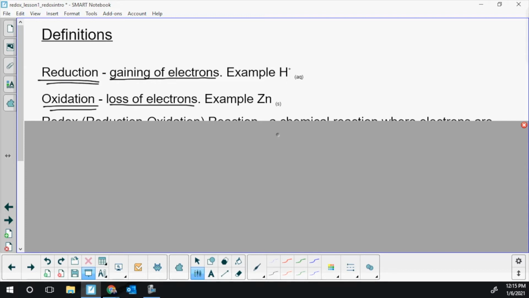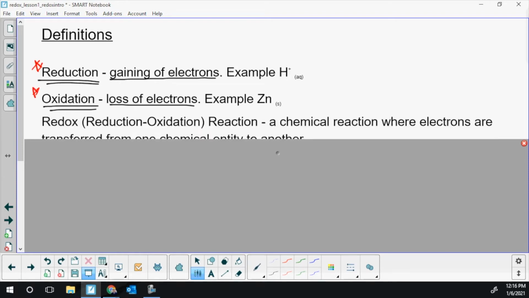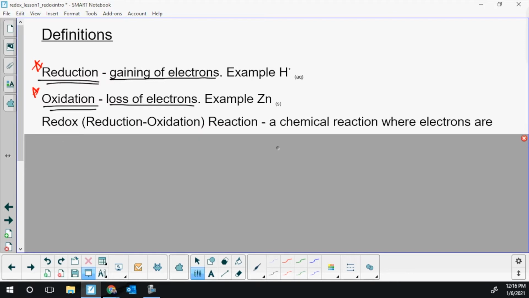Okay. I'm going to highlight, and that's going to be the theme for the rest of this first lesson. Okay? When you put the two together, reduction and oxidation, you get a redox reaction, a reduction-oxidation reaction. Redox, the RED from reduction, and the OX from oxidation.